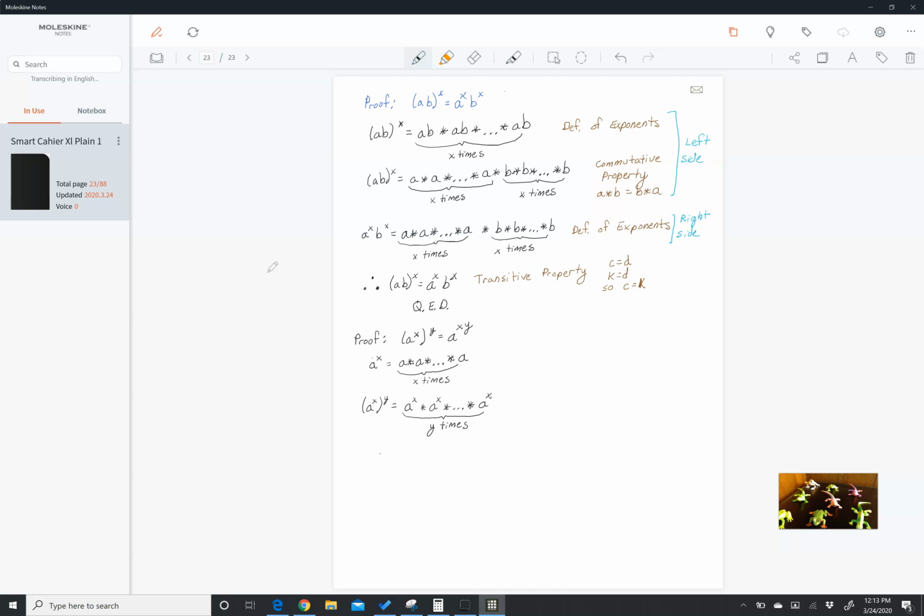So then we can break this up even more. So this is equal to every a to the x is a times a, and then we're going to put in our dot dot dot.